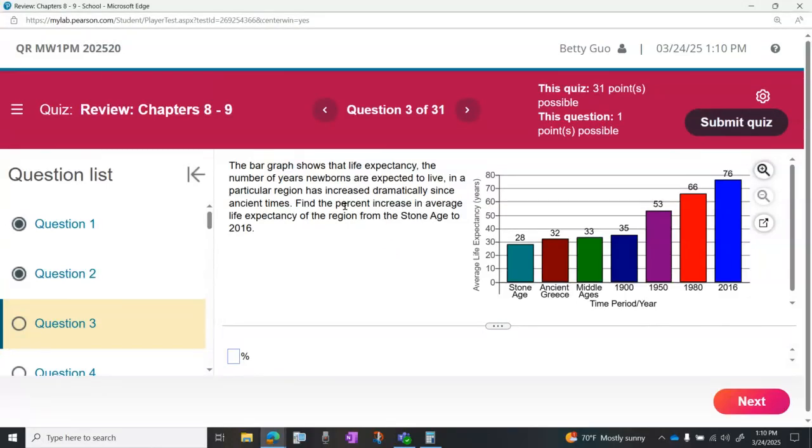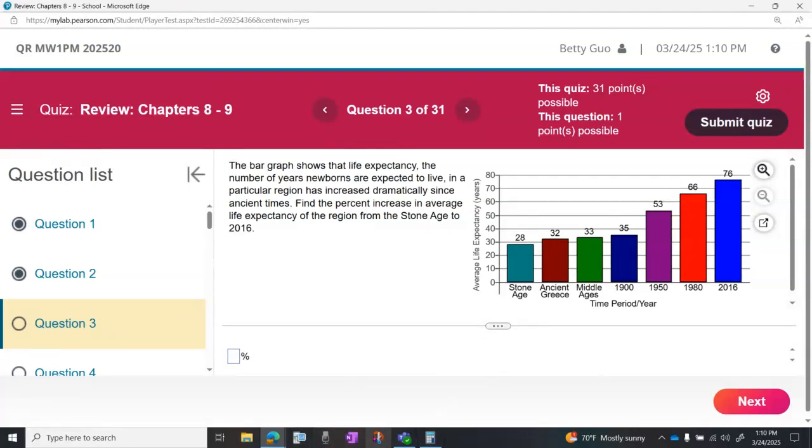Find the percent increase in average life expectancy of the region from the Stone Age, the first bar, to 2016, the last bar. What really matters is the first bar and the last bar. We are looking for percent increase.